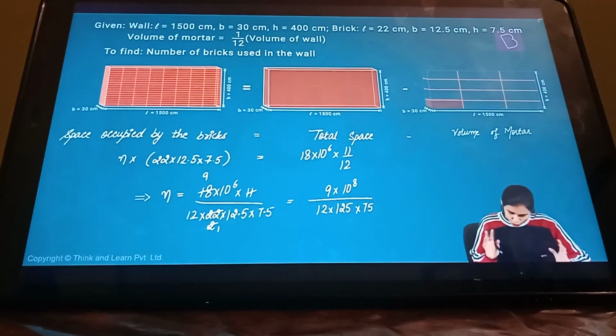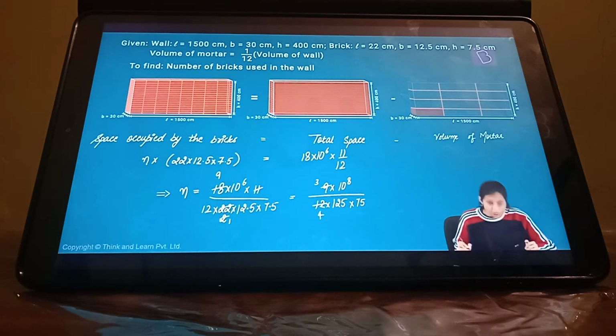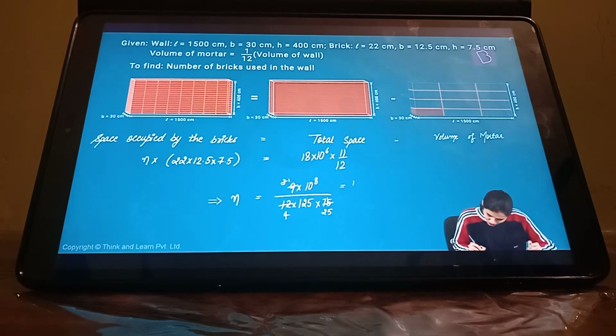Right? What is the next step? Well, again, 3 into 3 is 9, 3 into 4 is 12, and 3 into 1 is 3, here 3 into 2 is 6, carry over 1, 3 into 5 is 15. So what you get is 10 to the power 8 whole upon 25 into 4 gives you 100 into 125.